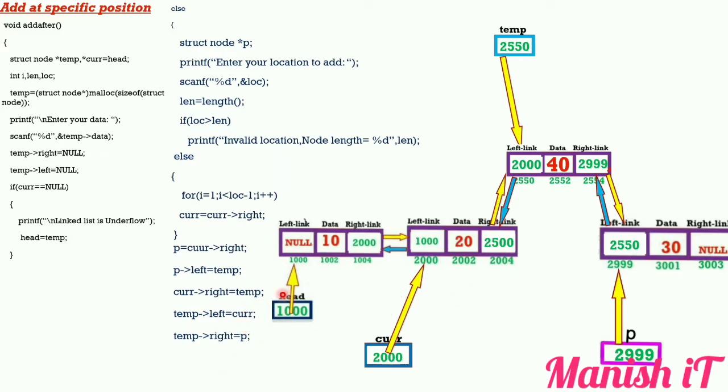And next, temp2 right stores the next address, that means p. So this is the logical part, and this is what we are implementing programmatically, while these diagrams are the logical representation. So our add at a specific position is over.